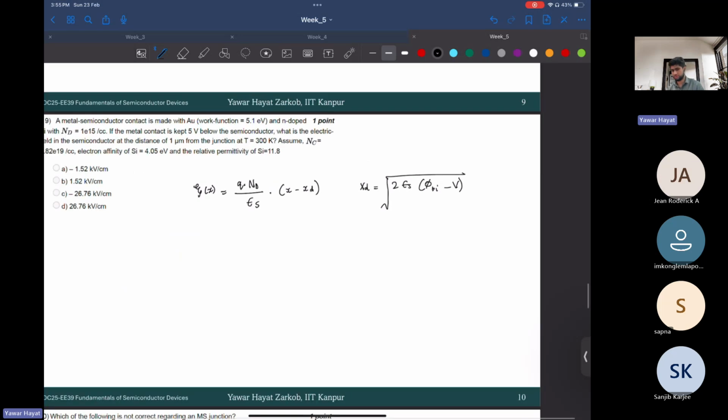So depending upon where V is the potential, if you apply a reverse bias, that would be a negative number. So this would be phi bi plus VR likewise.